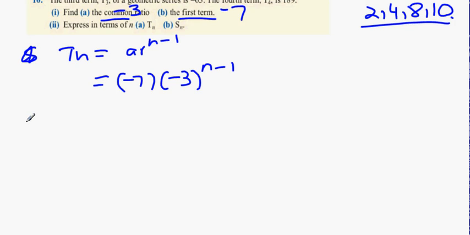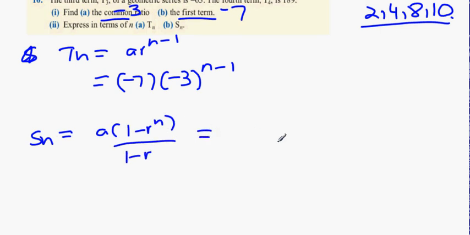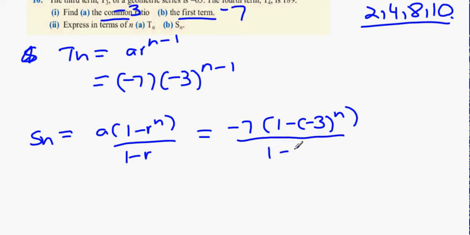Then Sn is going to be a into 1 minus r^n over 1 minus r. Now in this case what we're going to get is minus 7 bracket 1 minus 3 to the power of n, all over 1 minus 3. And then what we're going to get is minus 7 over 4, bracket 1 minus 3 to the power of n.